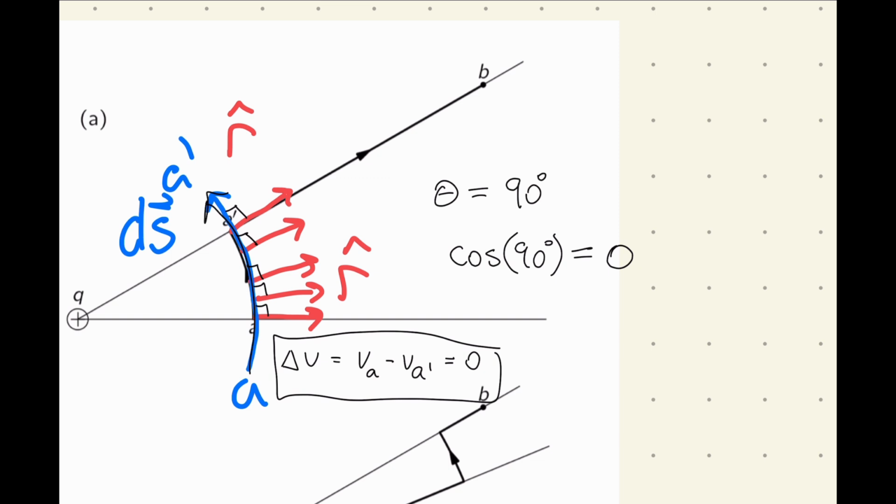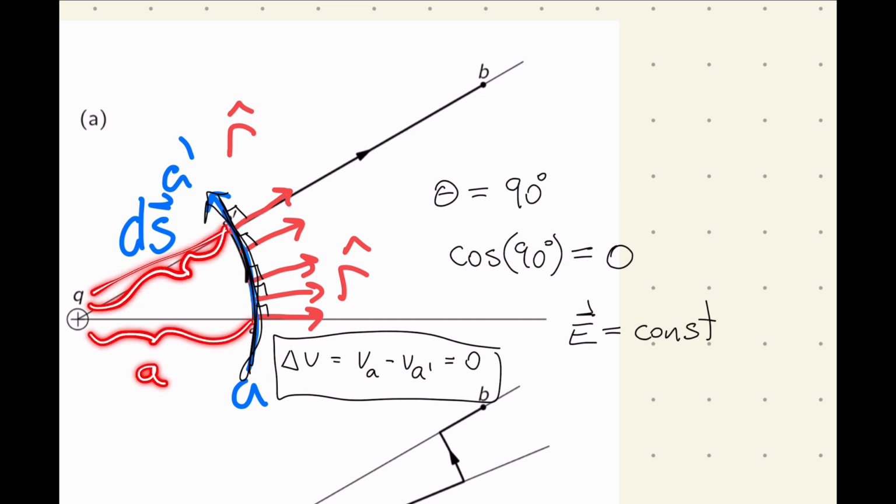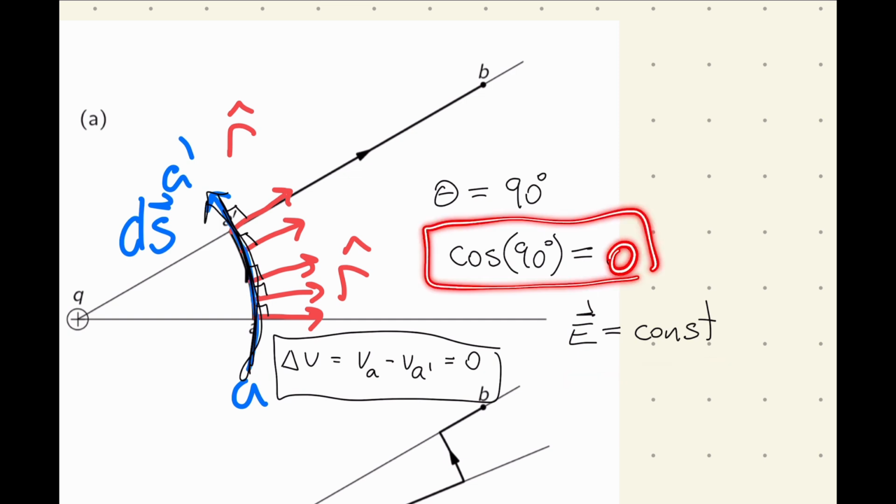And why is that the case? Because the electric field is constant along this specific line. The magnitude of the electric field is always at this radius A, here and here. So the magnitude of the electric field is constant. Also, the angle between these vectors is 90 degrees, and the cosine inside the dot product gives you a 0.